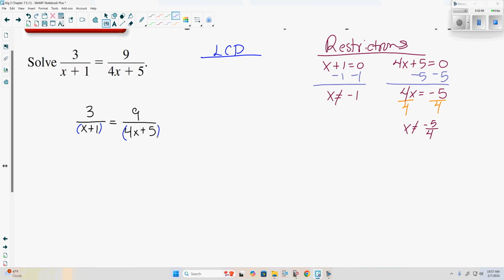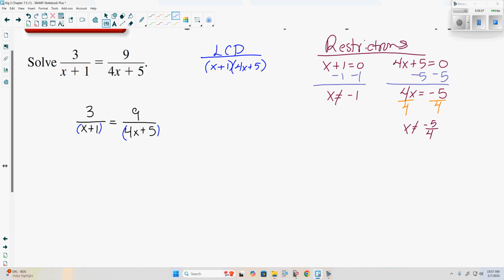Now, x plus 1 does show up at least once in one of the two terms, so we'll need it once in our least common denominator. The 4x plus 5 does show up once, so we need it once. Questions on how we found the least common denominator?